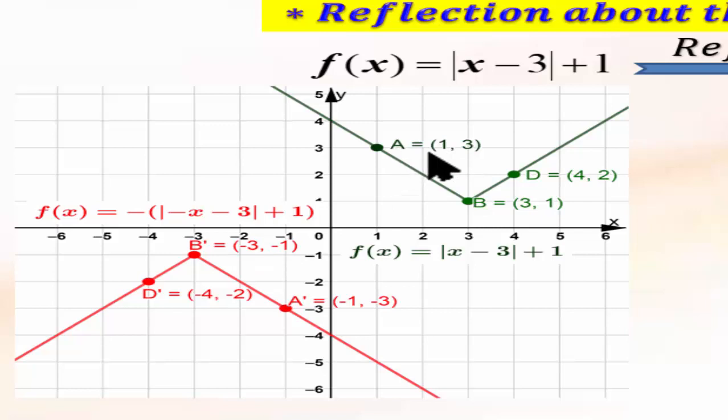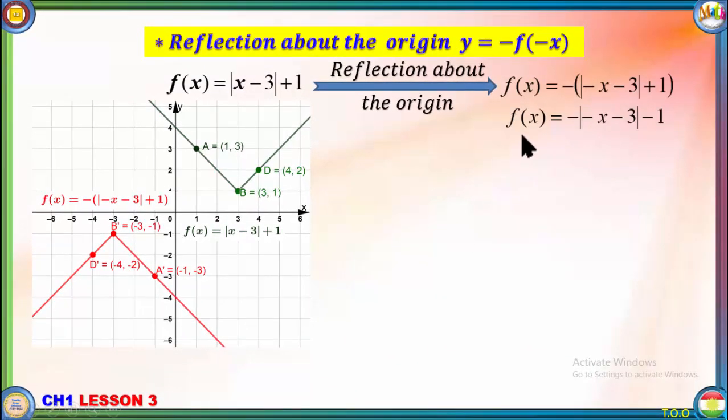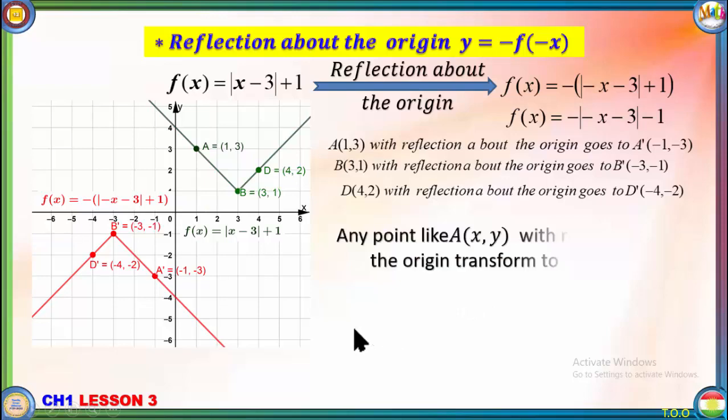As you can see, A (1,3) becomes (-1,-3), B (3,1) becomes (-3,-1), and D (4,2) becomes (-4,-2). Therefore the function f(x) becomes minus absolute value of minus x minus 3 minus 1, and all points, as we said, change their sign of x and y.